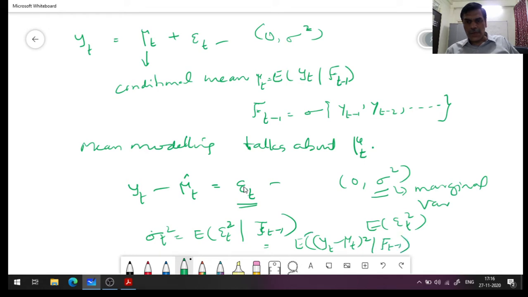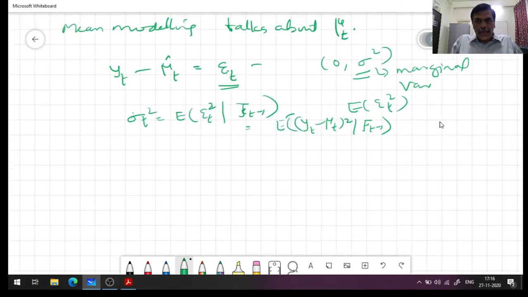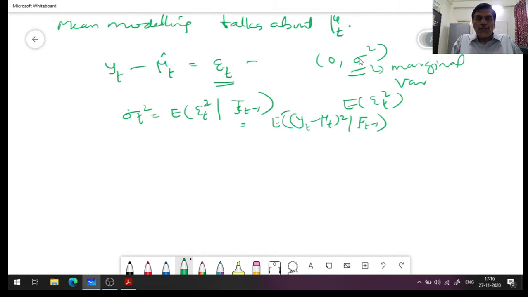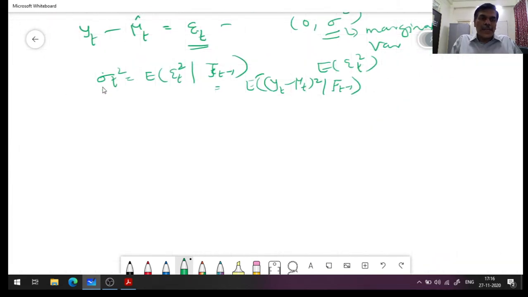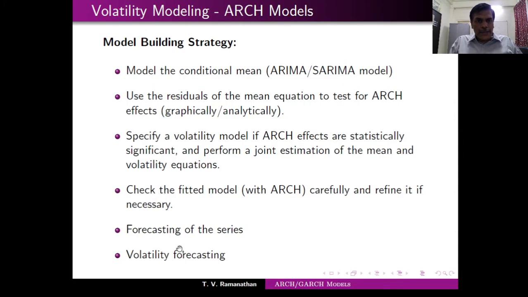This is the conditional variance. There is no model for sigma squared because it remains just a constant parameter, whereas this varies across time. So we need an appropriate model for sigma_t squared, and that is what is called the heteroscedastic modeling.